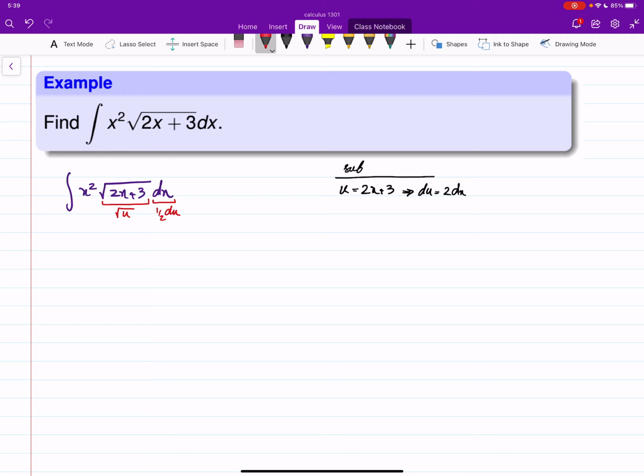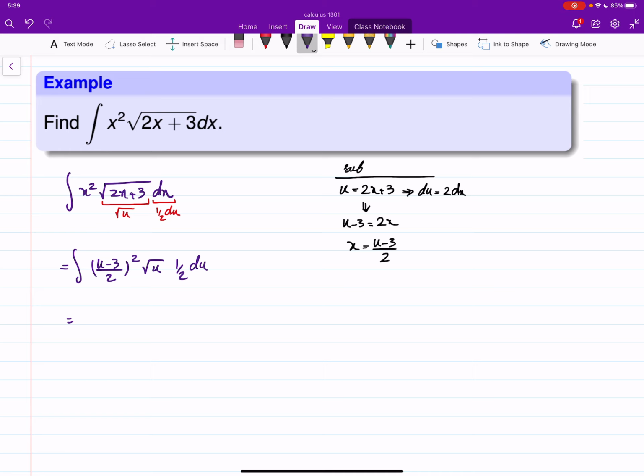How about x? You can solve this for x: u minus 3 is equal to 2x, then x is u minus 3 over 2. So you apply this for x, and we'll have u minus 3 over 2 to the power 2, root u, and then half of du.